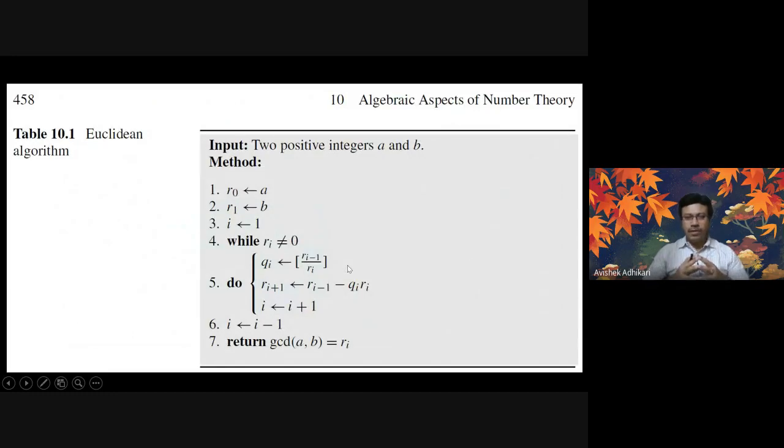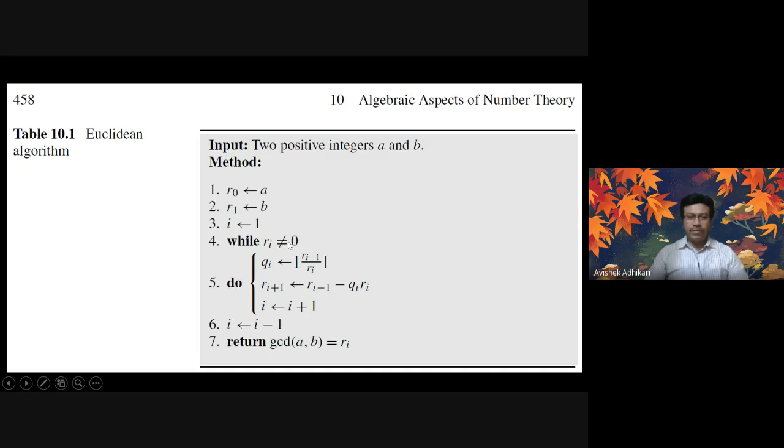If you look at this algorithmic step, it says: suppose you have two positive integers whose GCD you want to calculate. Say A is one entity and B is another, two positive integers. Then put R0 to be A and R1 to be B, and set some counter to 1, then check whether the remainder is 0 or not. That means you divide A by B and check whether the remainder is 0.